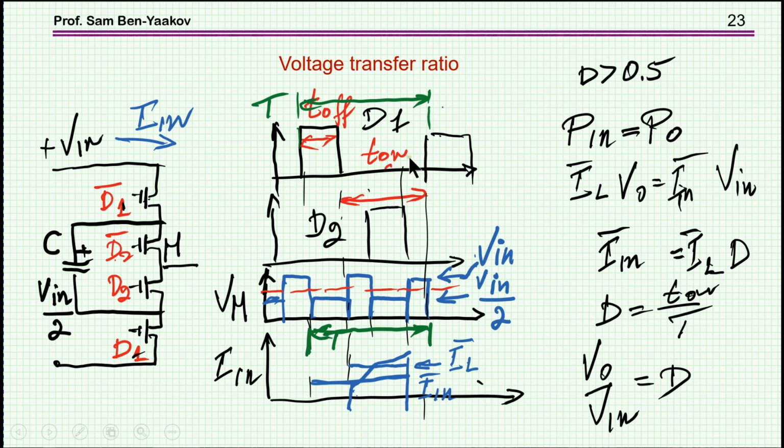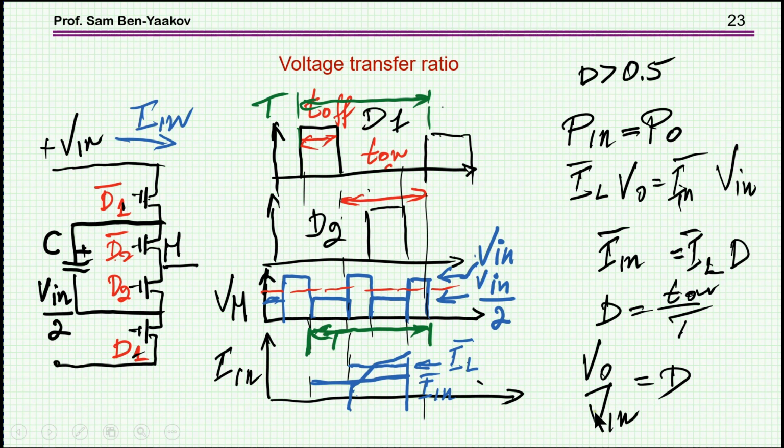So this is T on. So the average input current will obviously be the average inductor current times the duty, times this ratio here.